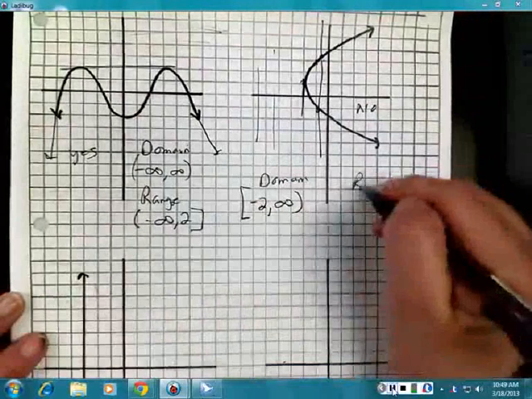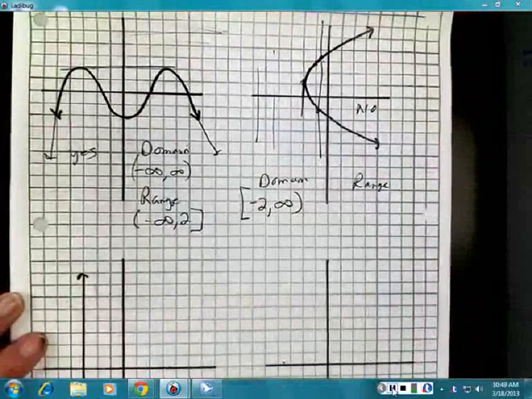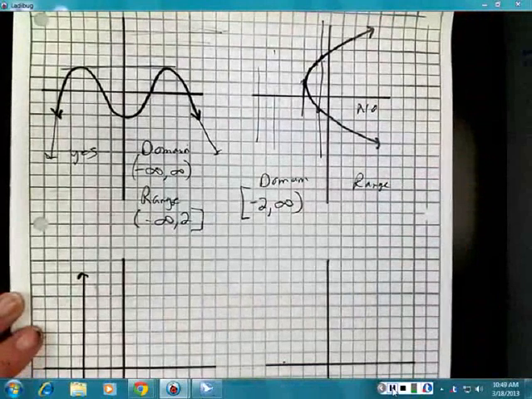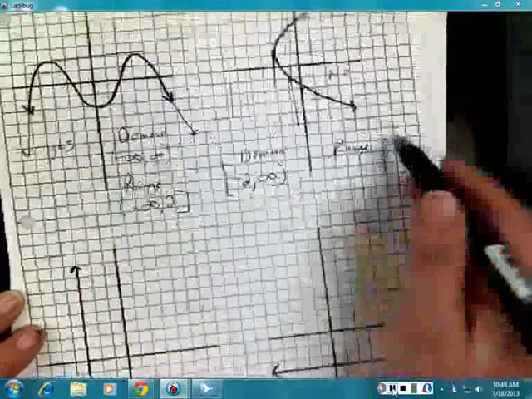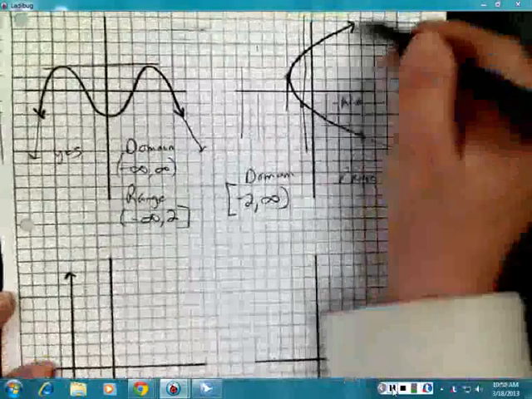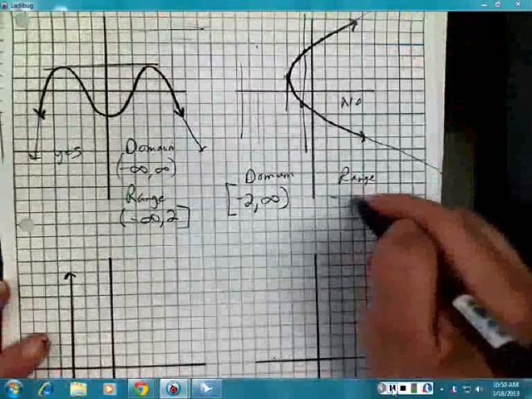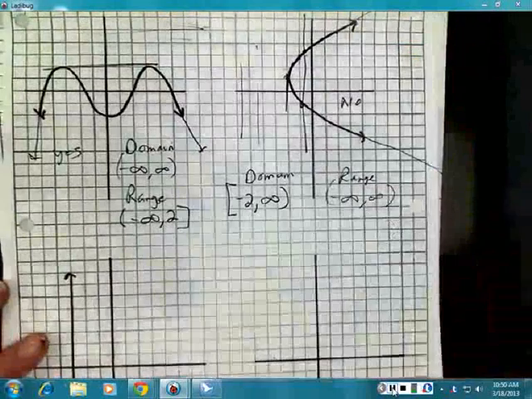Range? What's the range going to be? Remember, it's going to keep going. It goes way out here, and it goes way out there. Yep, negative infinity to positive infinity. What about this one? Function or not a function? Not a function.